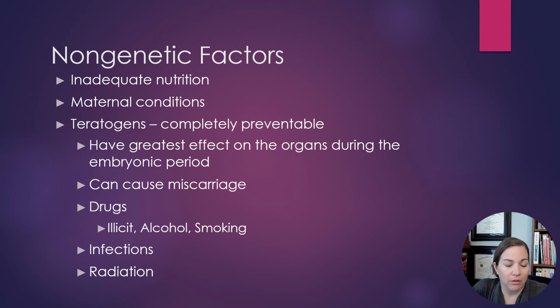Drugs are definitely one example of this. Basically, they're poisonous, right? So illicit drugs, alcohol as well, and smoking. Infections can cause problems in fetal development as well, especially if your temperature is high enough. And then, of course, radiation.